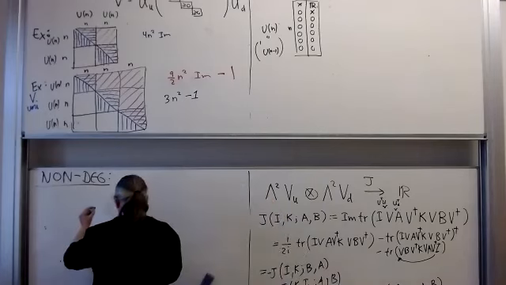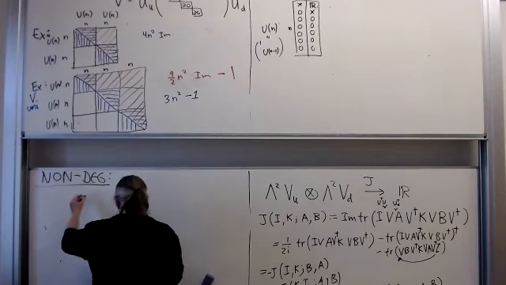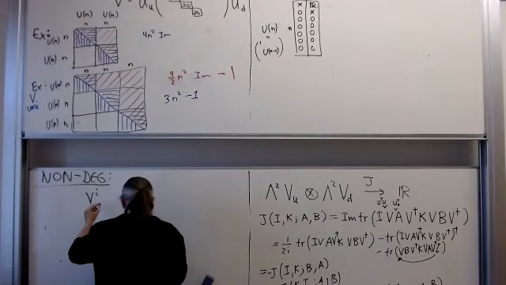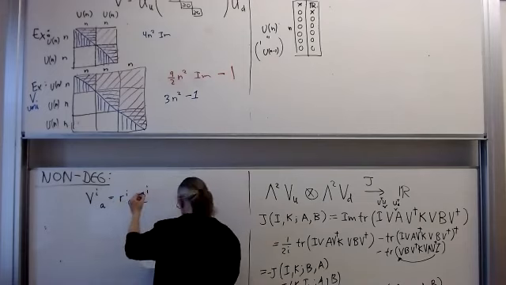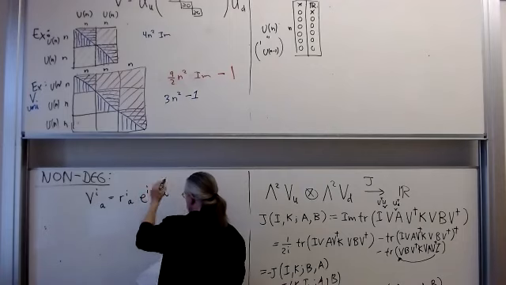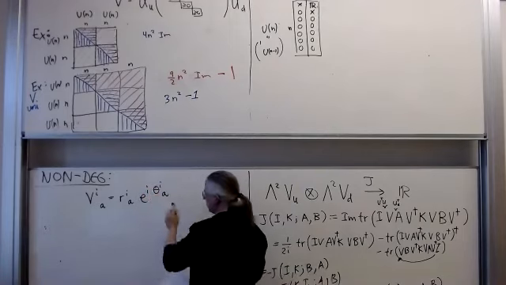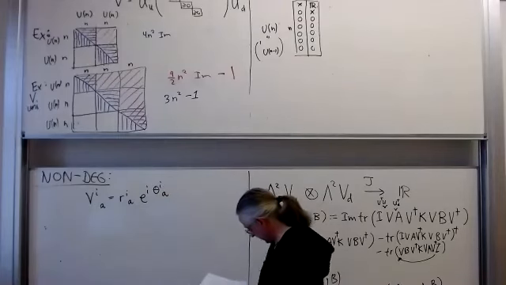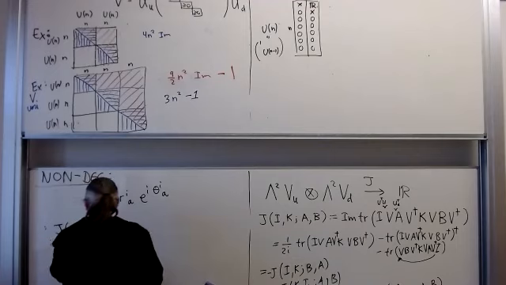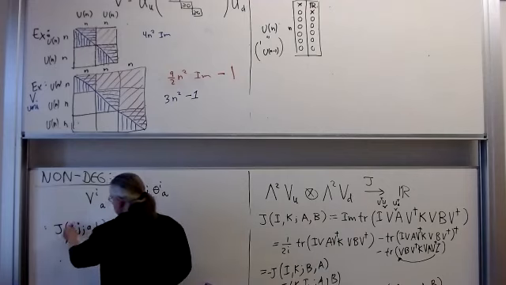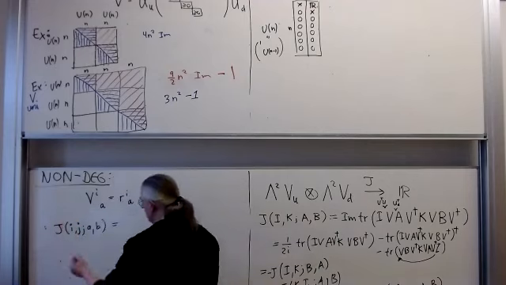So there, let me write the CKM matrix elements in the polar form. So there's a radius, and then there's an e to the i theta i a. Here, of course, the imaginary unit and the index i should not be confused. And then in this case, the Jarlskog invariant i, j, a, b will just be listed by the row and the column index.